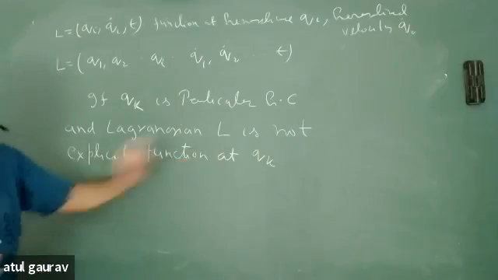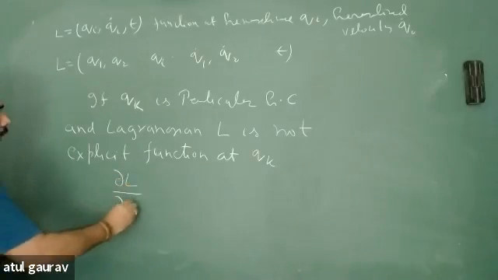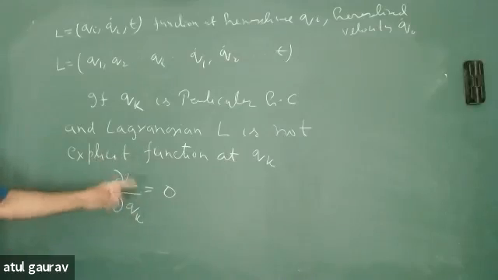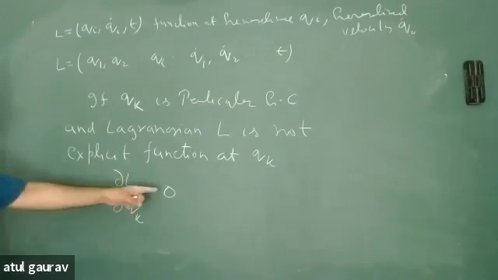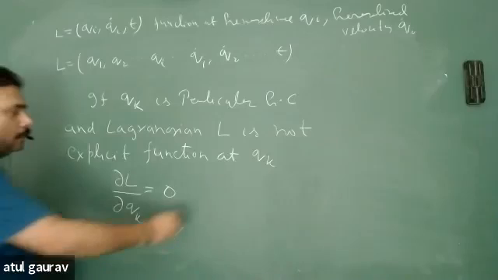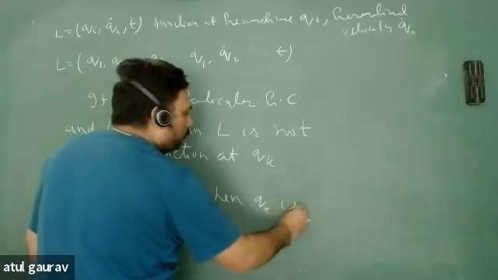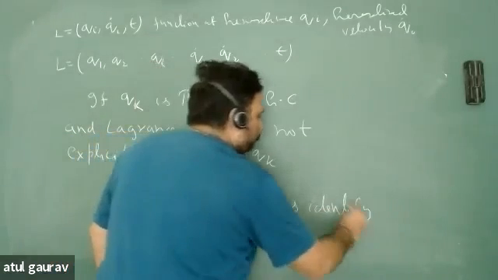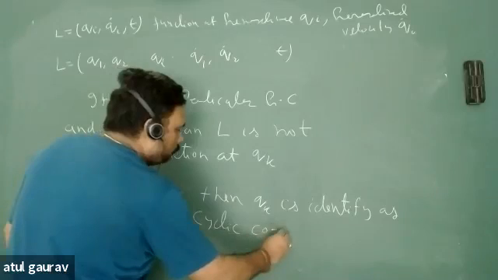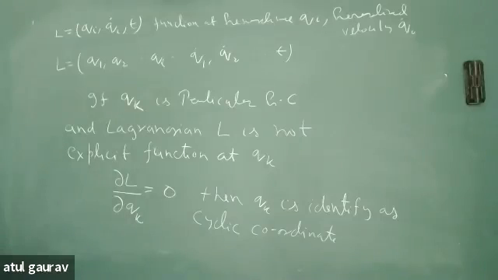If the Lagrangian is not an explicit function of Qk, it means del L upon del Qk is equal to 0. Then Qk is identified as a cyclic coordinate.